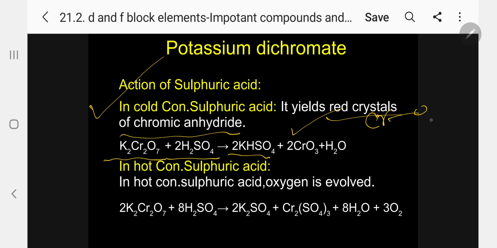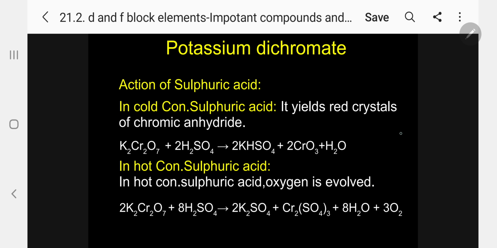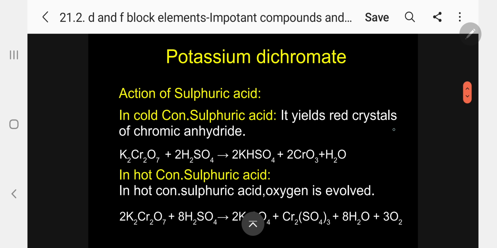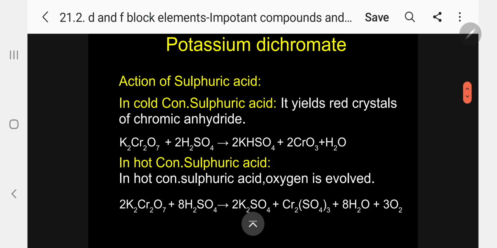So how can you write this? Actually, we will write it this way: 2CrO3. Why are we calling it an anhydride? It is oxygen.